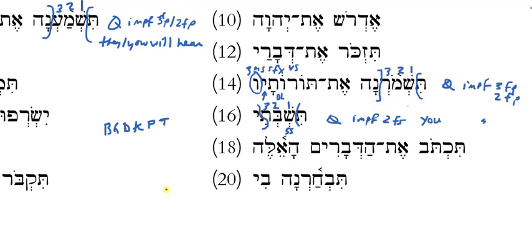Number 12? Yeah, let's look at 12. Everybody say this with me. Tizkor et devarai. Okay. So tizkor, this is a newer verb for you, but what's the verbal root? Zakor. Yeah, it's the Zayin, Kaf, Resh. Now, you might say, well, there's 3 verbal roots. Why not these? Tav, Zayin, Kaf.